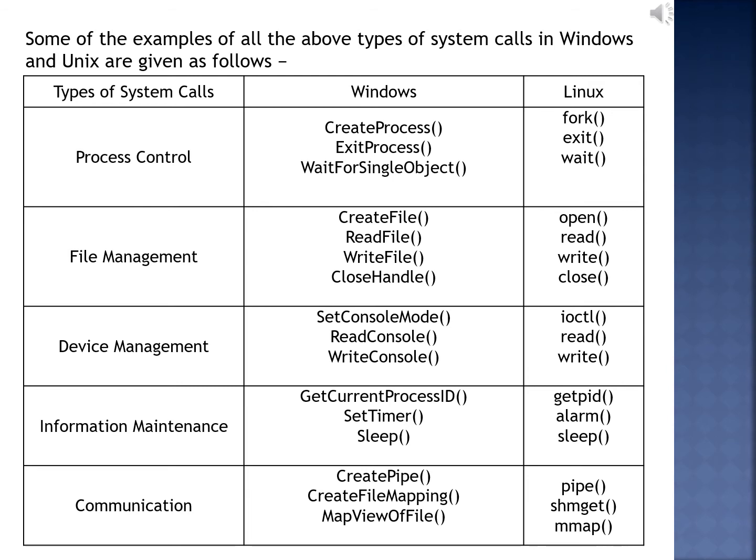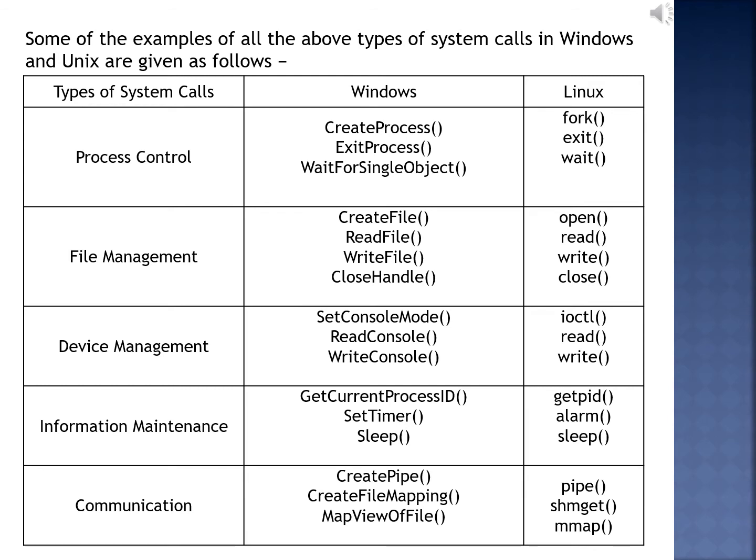And for Linux, they are fork, exit and wait. For Windows, the system calls for file management are create file, read file, write file, close handle. And for Linux, those are open, read, write and close.